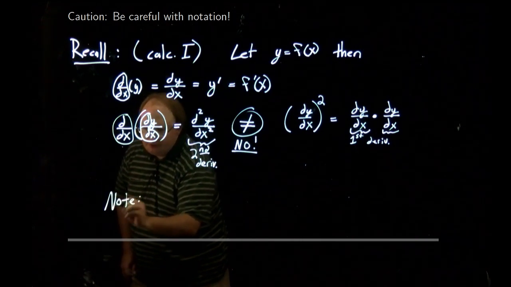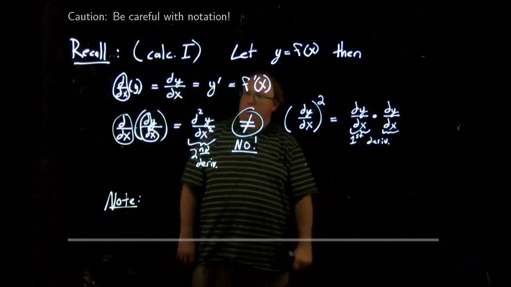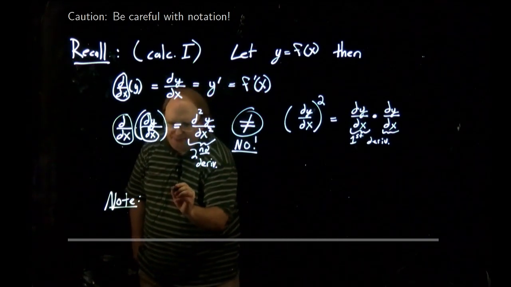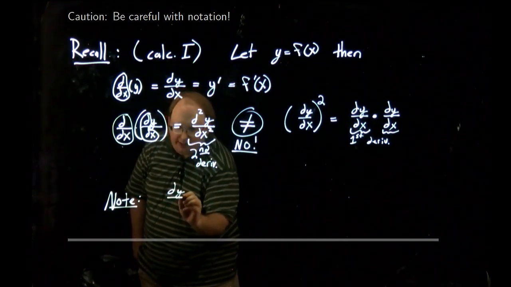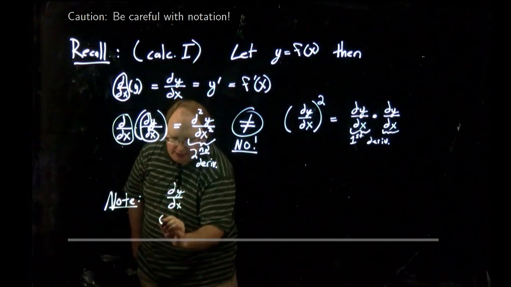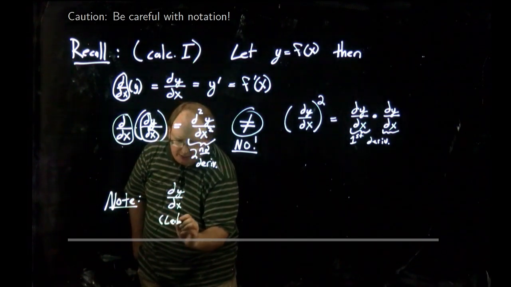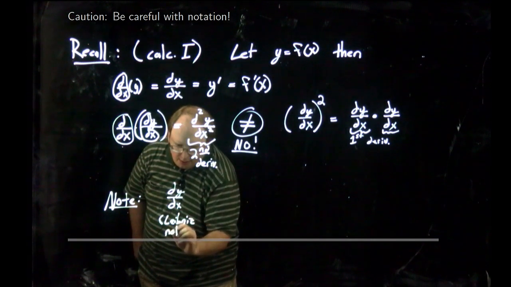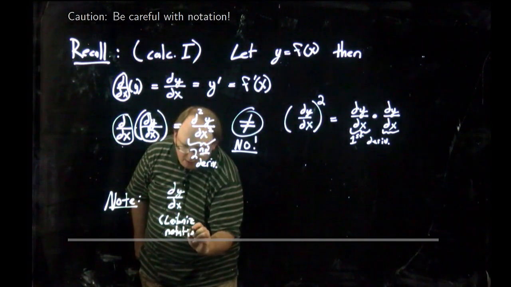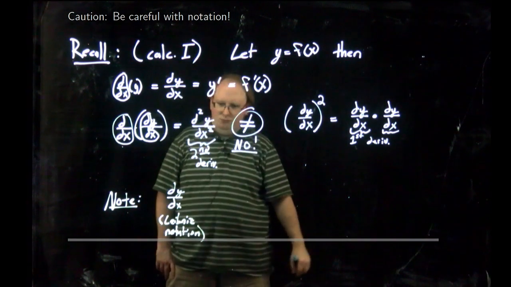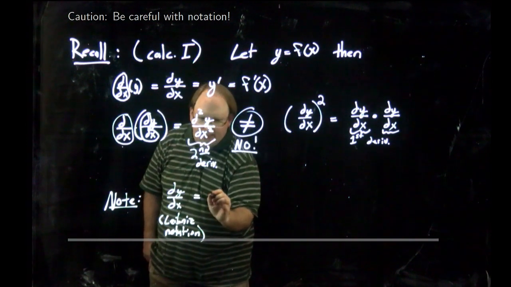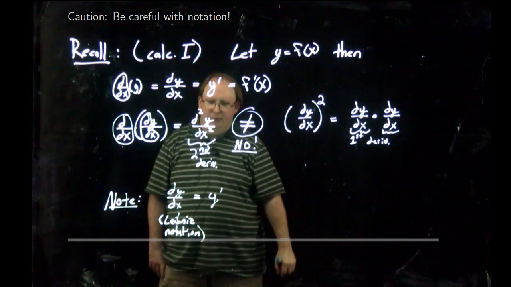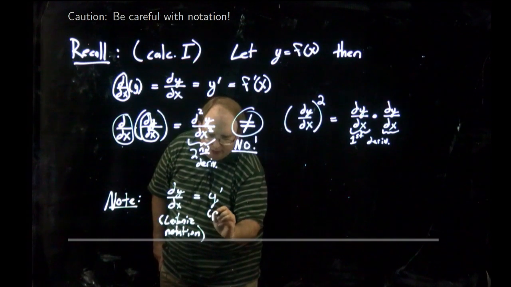And also note, we also have some other notation. So when we write dy over dx, this is called Leibniz notation. Which is also the same as saying y prime, and that we just call prime notation.